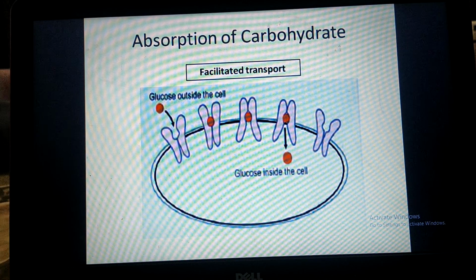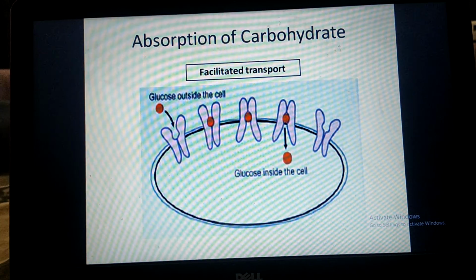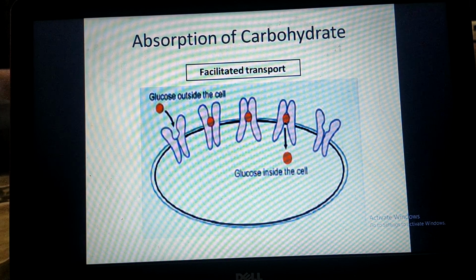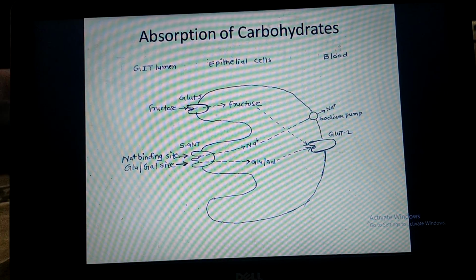When the monosaccharide binds, then it closes that side and opens on the other side. So in this way the monosaccharides are transported by facilitated transporters like glucose transporter 2 and glucose transporter 5. So in this way the monosaccharides are absorbed from GIT.